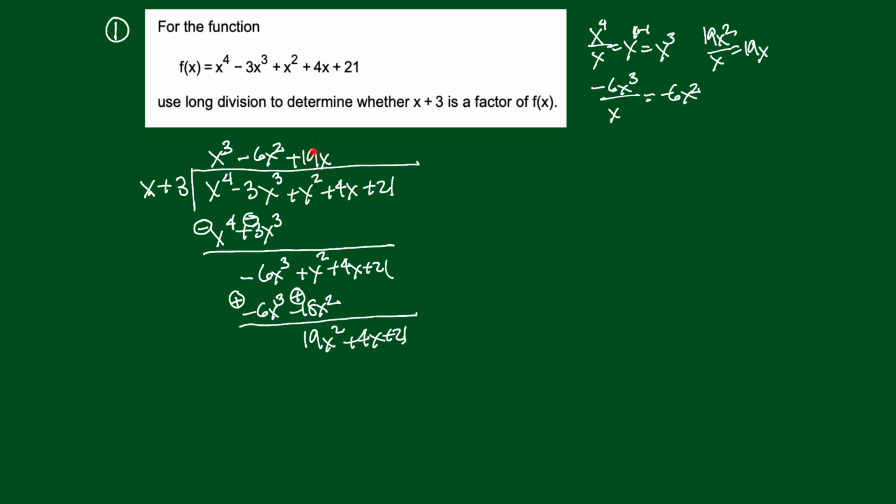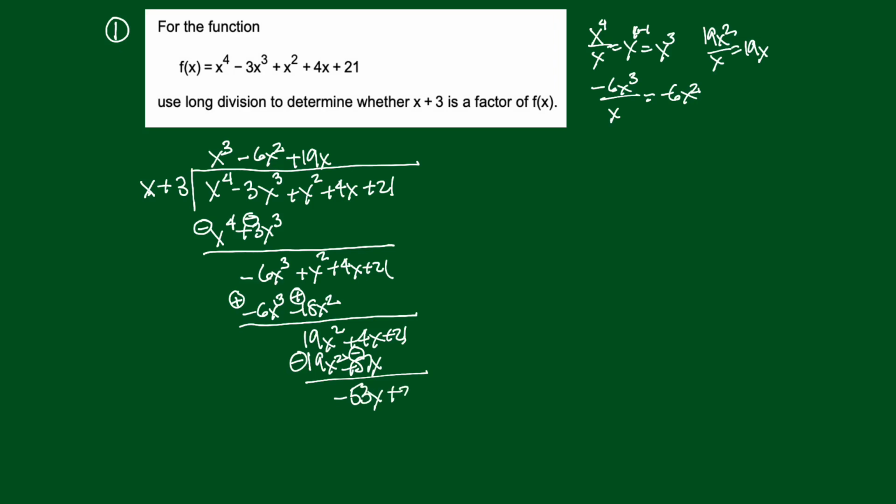So 19x times x is 19x squared, and then 19x times 3 is 57x. Now subtract. So change those signs. So now I've got 4x minus 57x, which is negative 53x.